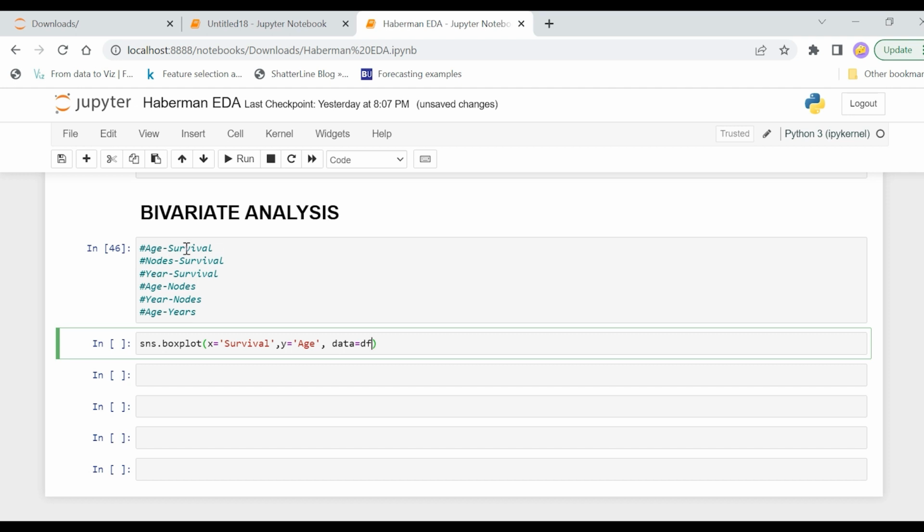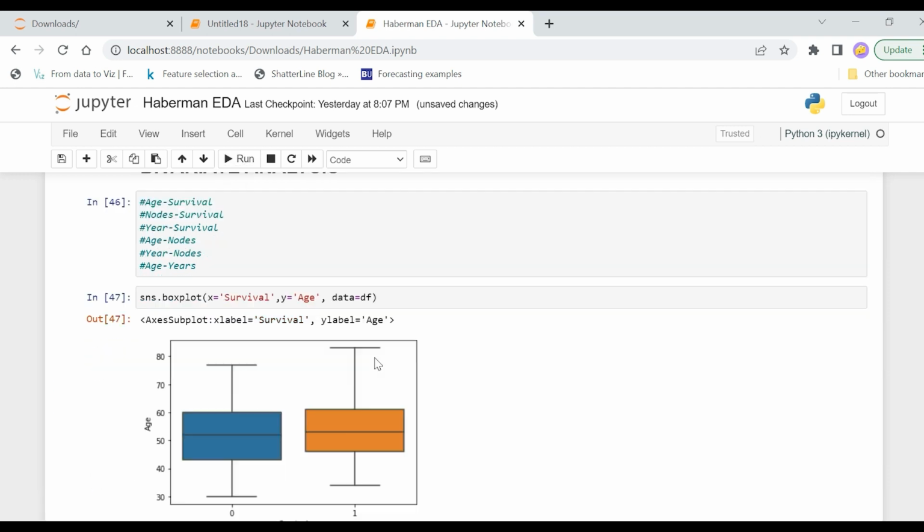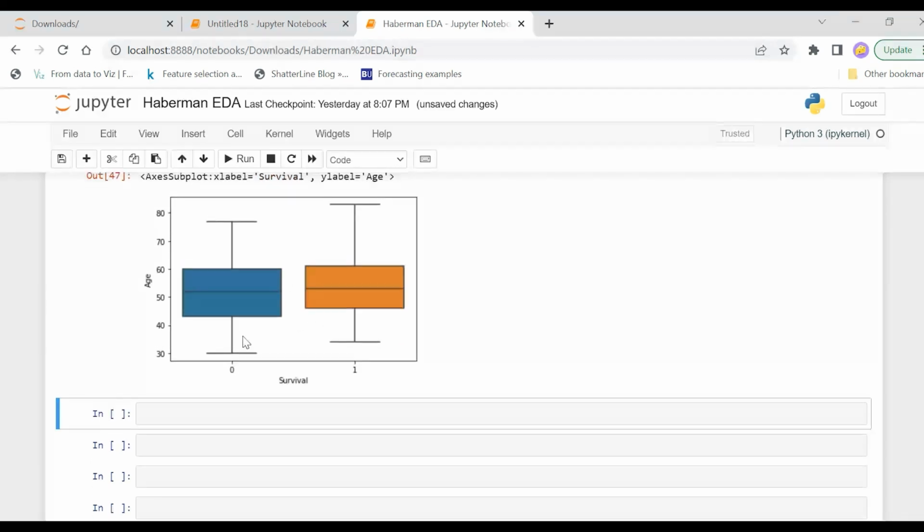Though we have already seen the age survival relation from the ECDF plot, let us see this also. Here we can see the box plot.